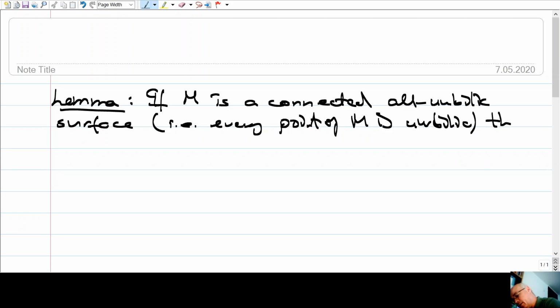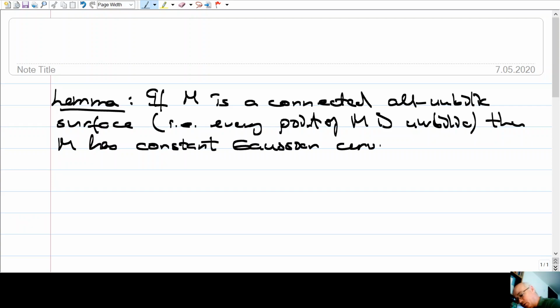then M has constant Gaussian curvature, and the curvature is positive.